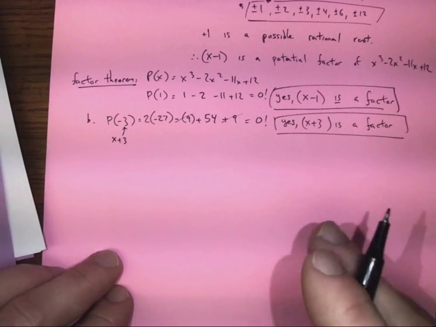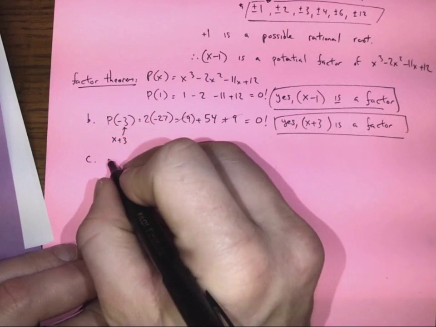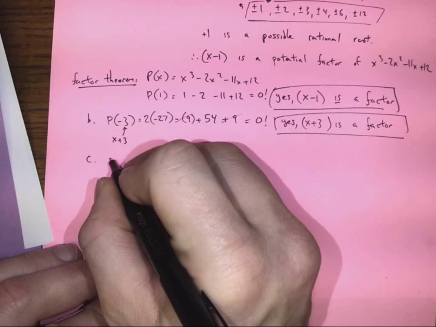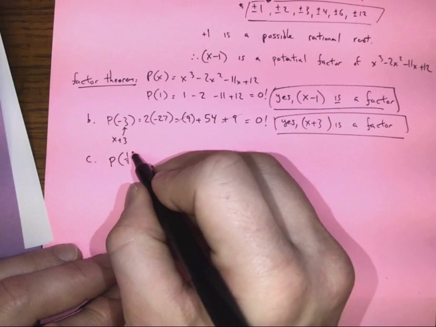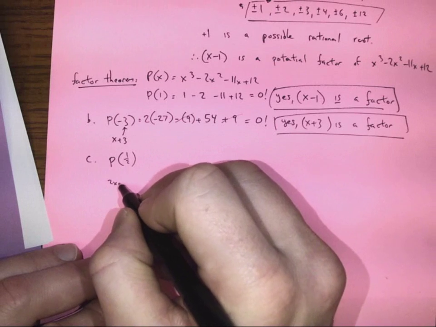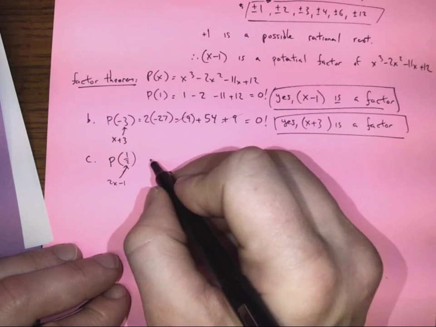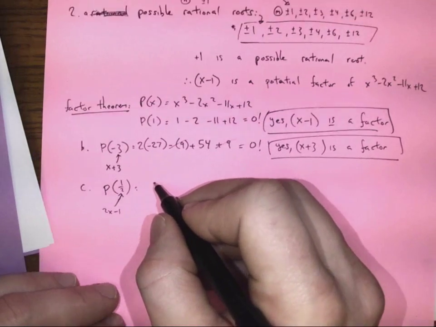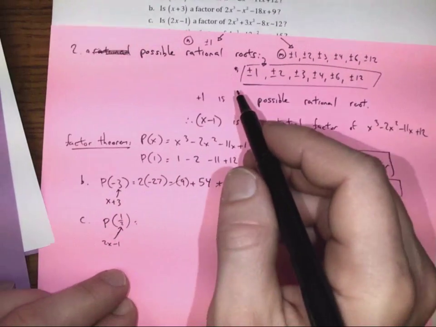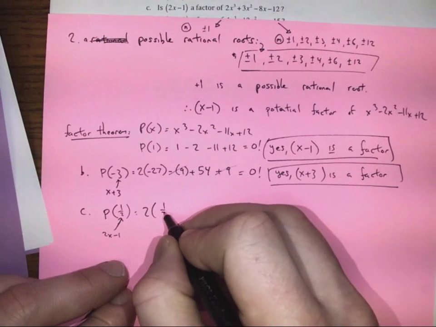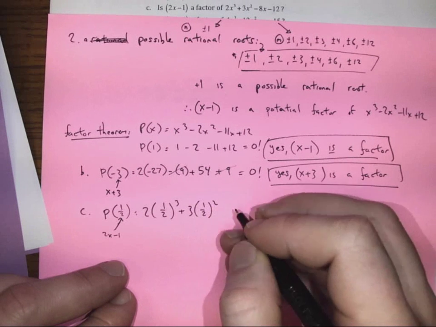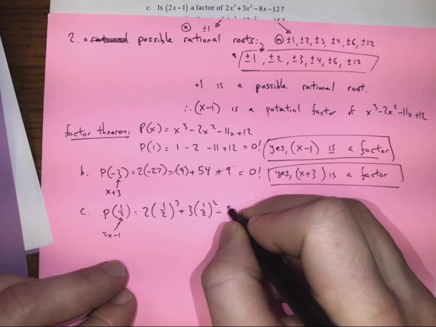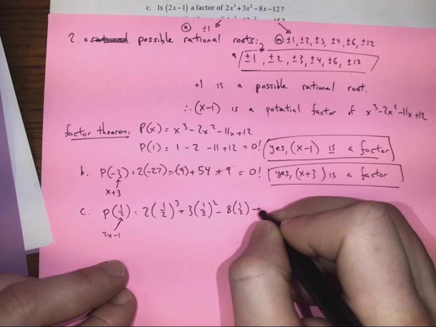Question C. The root for 2x minus 1 is a half, so we're going to try a half in this polynomial. That's 2 times a half cubed plus 3 times a half squared minus 8 times a half minus 12.